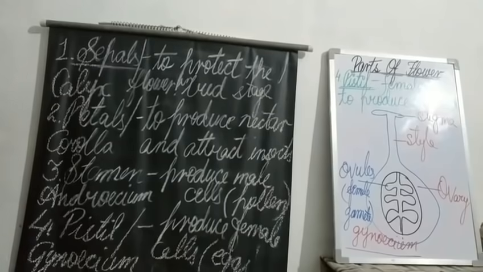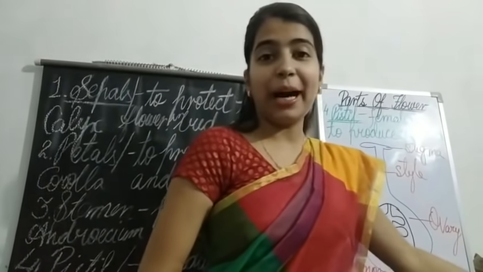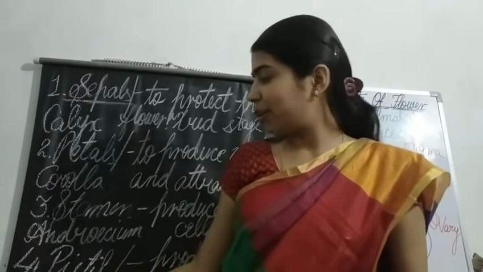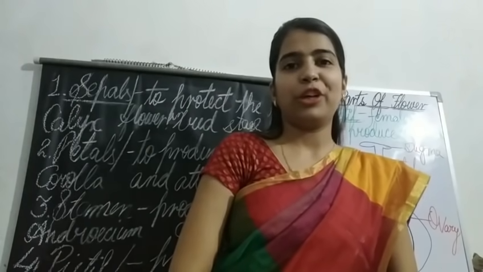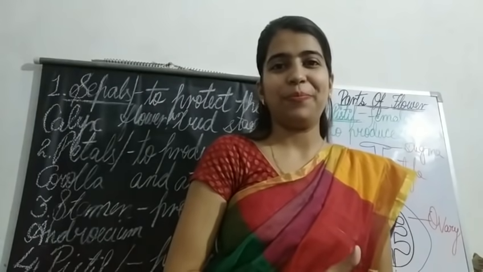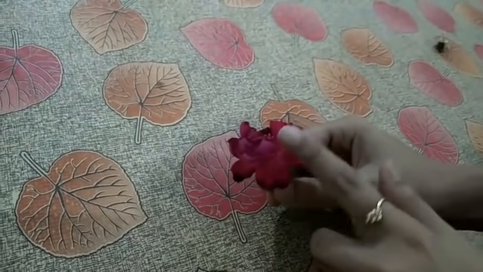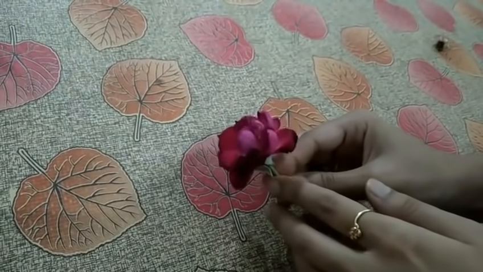Clear, students? Now, the next portion coming up is that I'm going to show you all the structures with the help of a real rose flower. So let us move towards that portion. Students, here is a rose flower that I have, and I'll show you the parts of the flower through this.